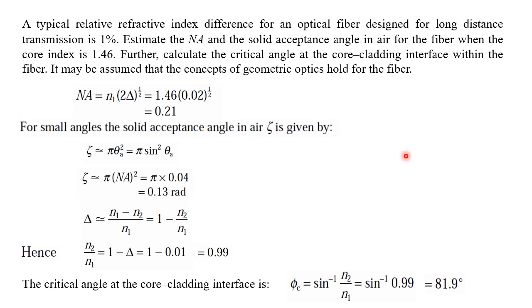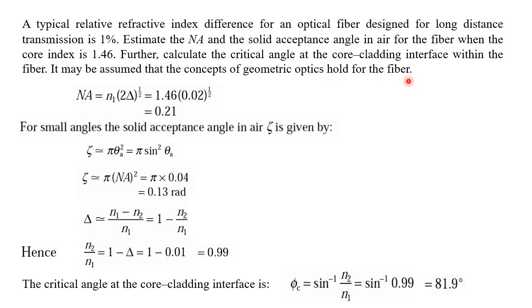But for small core diameter, that condition, that in the lateral direction the lateral extent is semi-infinite, is not valid. Under that condition it may happen that we cannot apply the geometric optics, and we have to solve the Maxwell's wave equation inside the fiber. But here it is saying that the concept of geometric optics hold for the fiber, right?